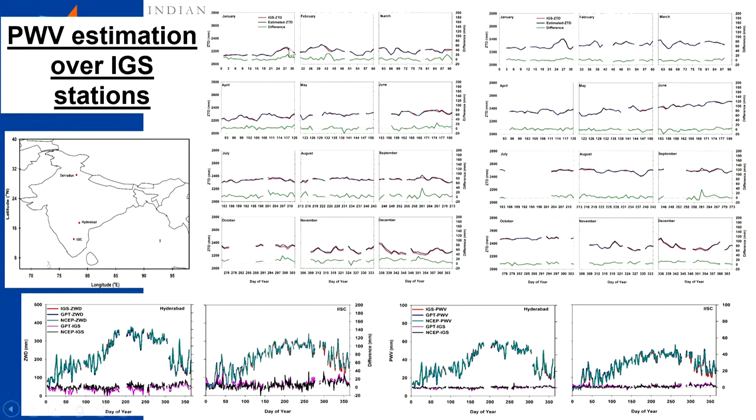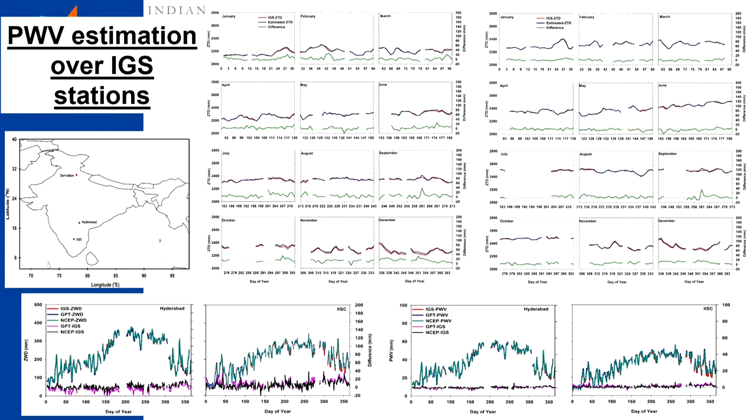If you see the difference between the IGS ZTD and the estimated ZTD, it is less than 10 mm, 10 to 12 mm. So we got a very good estimate for these IGS stations. From that we have derived the ZWD, the zenith wet delay, which we got after subtracting the hydrostatic delay from the zenith tropospheric delay.